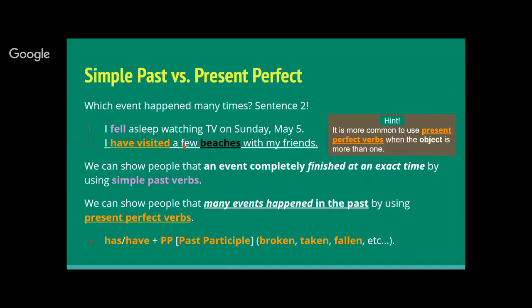So always look for events that happen more than once and don't have an exact time. So basically, when the event has an exact time, just think simple past, okay? You see a date, time word, it's usually going to be simple past, okay?